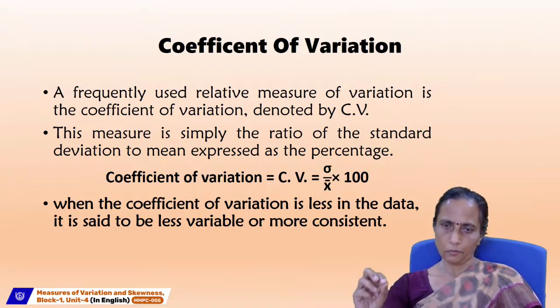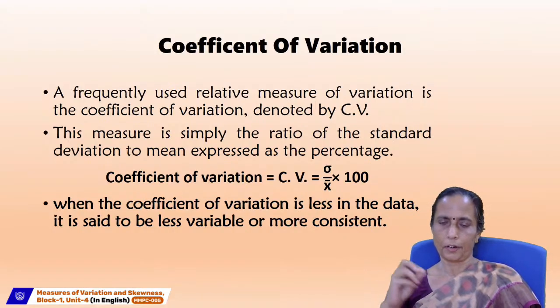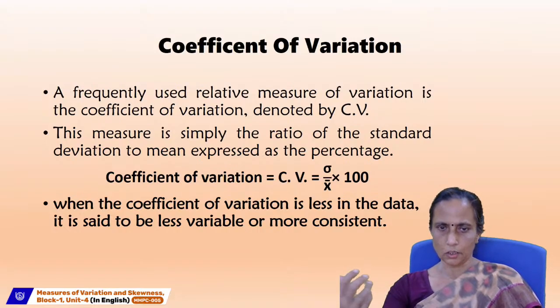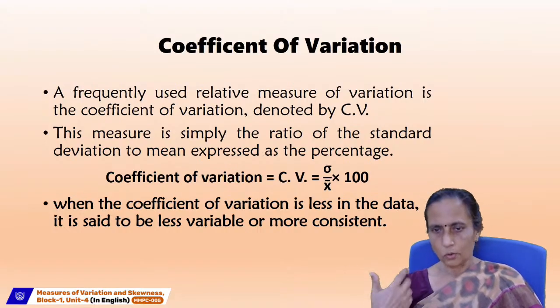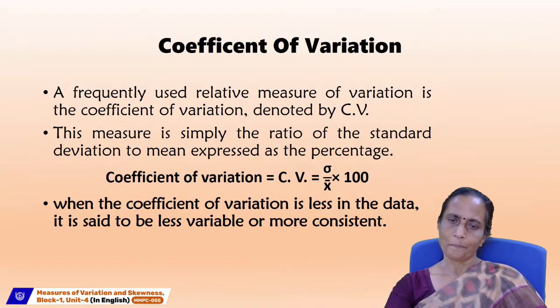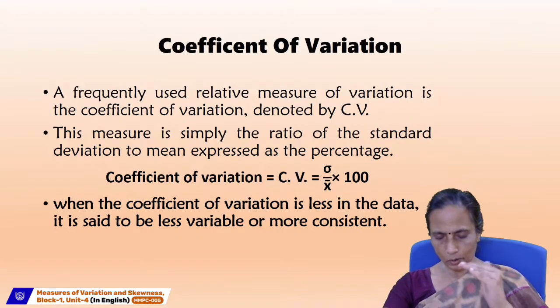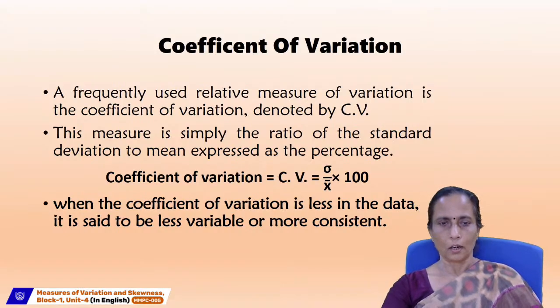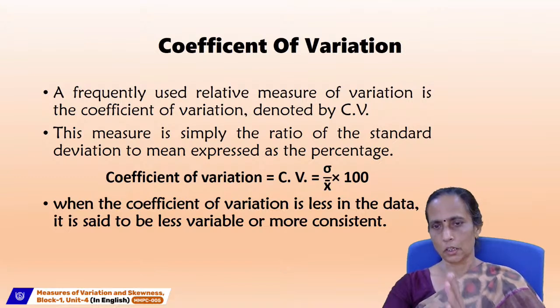So if given the scores of several players, and you are asked which player is more consistent, you take the scores of that player in so many matches, calculate the mean, calculate the standard deviation, and find the coefficient of variation, which is equal to standard deviation divided by mean into 100.